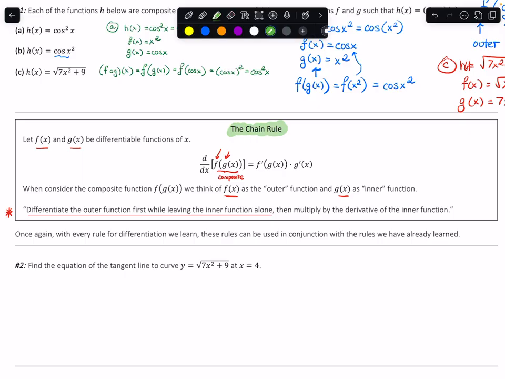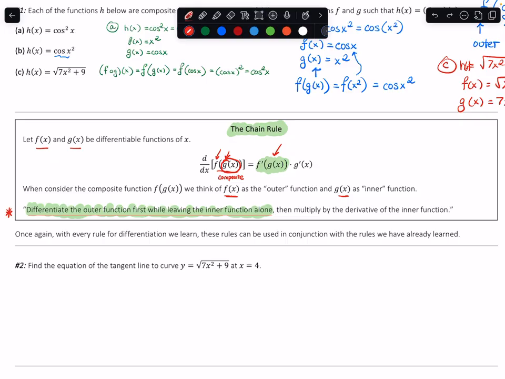That part of my inner monologue is this portion of the chain rule. You differentiate the outer function, which is f, so you get f prime, but you leave the inner function alone. You see inside it's just g. I didn't do anything to it. It's still just g of x. So you're differentiating the outer function, and you're leaving the inner function alone.